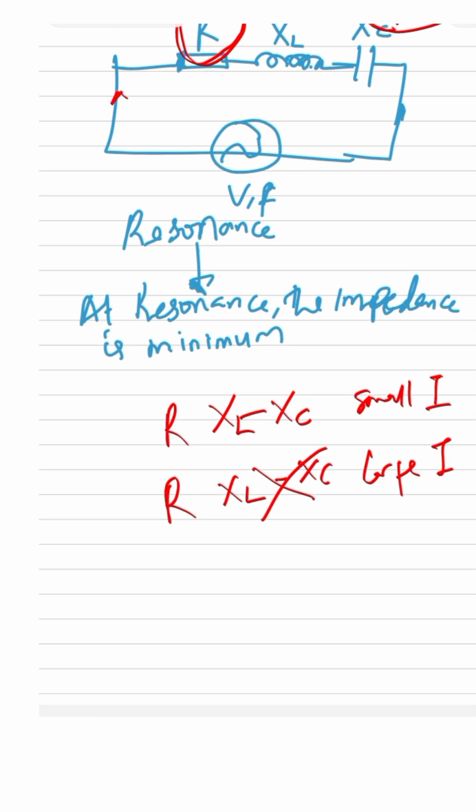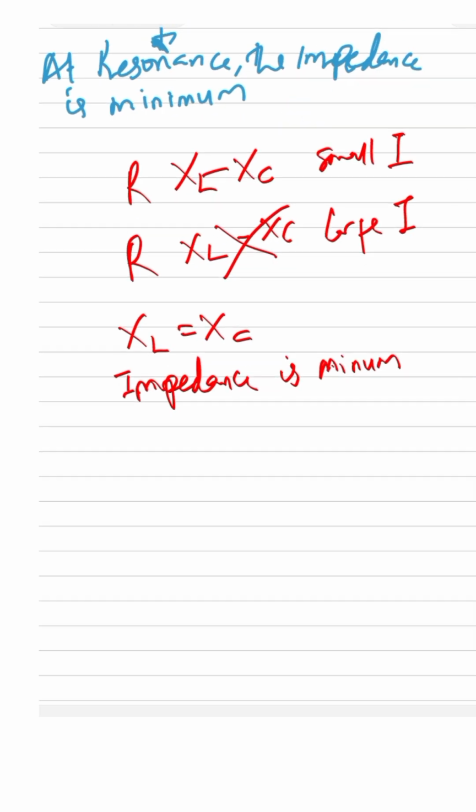So resonance occurs when XL is equal to XC. Take note, resonance occurs when XL is equal to XC. And at this point, the impedance, the opposition, is minimum. From your impedance formula for RLC, you have the square root of (XL minus XC) squared plus R squared.